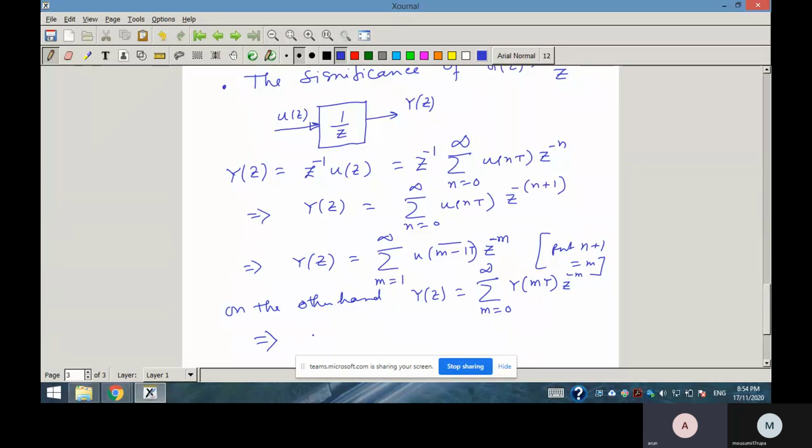So this implies y of mt equal to u of... m equal to 0 is not valid here because we are assuming it is a causal signal. U, y are all causal signals. So before t equal to 0 instant, they do not exist.